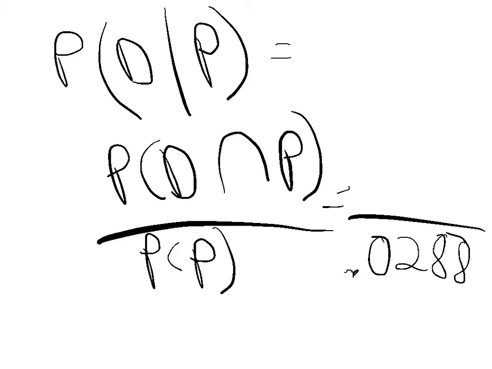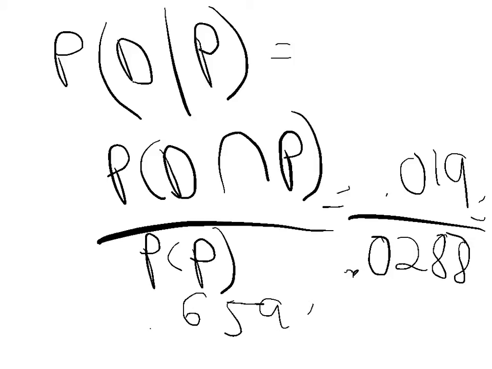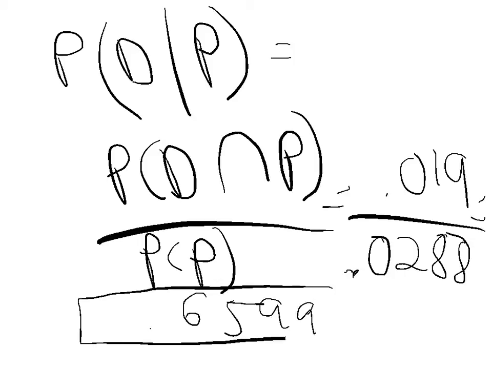And we know from the previous slide also that the probability of taking drugs and testing positive is going to be 0.019. And if I calculate that out and divide, I get 0.6599. So that is the probability that somebody took drugs given that they tested positive. That is the way of doing Bayes' law that you could do without actually doing Bayes' law.